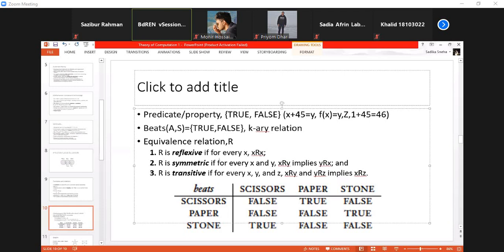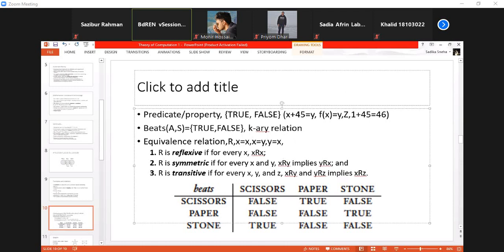Now we call it symmetric if there is a y, and if we place them on one side or the other side, it implies the same thing. That means if R is the equal sign, x equal to y is the same as y equal to x.